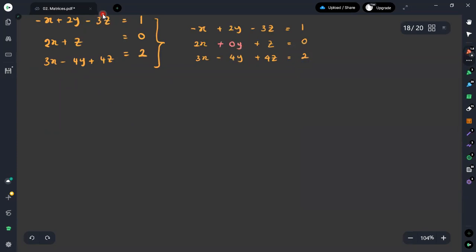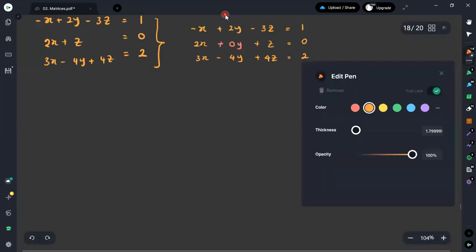This does not do any harm, because 0 times y itself gives the value 0. Therefore, this is the set of equations you can now obtain: x variables in the first column, y variables in the second column, z variables in the third column, and all the constant terms on the right hand side of the equation.